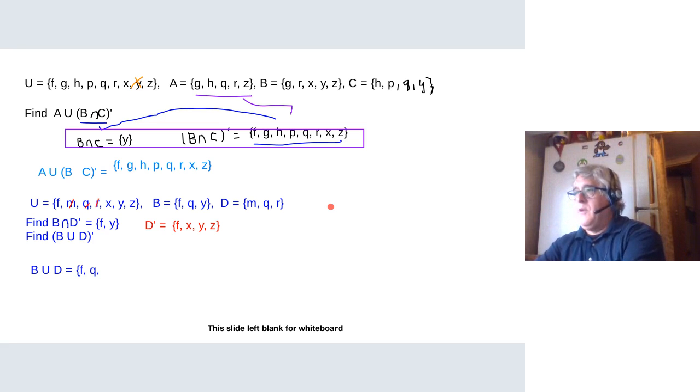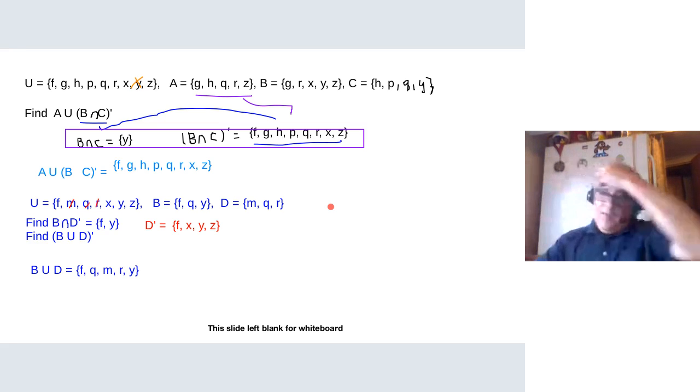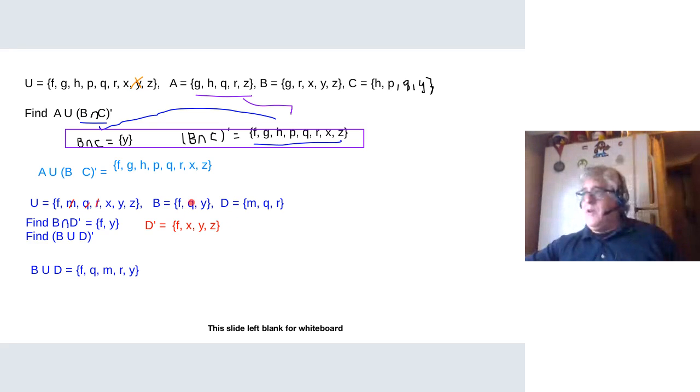You don't have to. So that's everything that's in both of these 2 sets, right? I'm sorry, these 2. I think I messed up. I was looking at that one. So it's F, Q. I'll put the M first. So we're looking at B union D. You got to make sure you're looking at the right thing. F, M, Q, or Y.